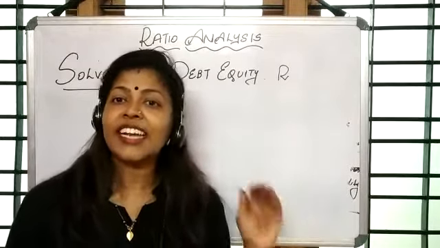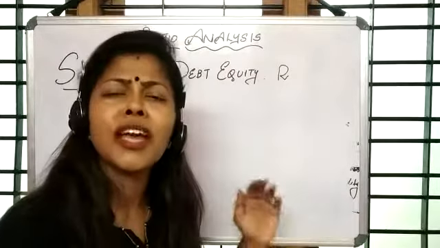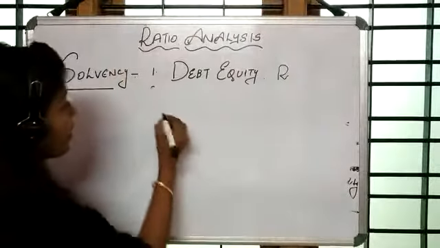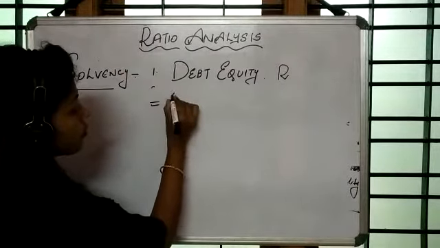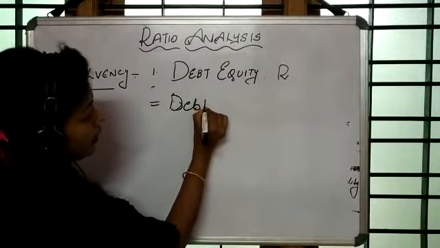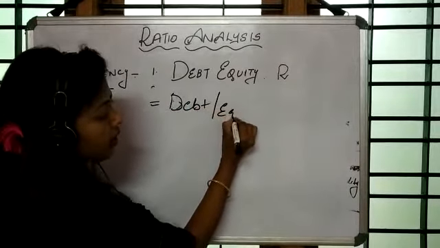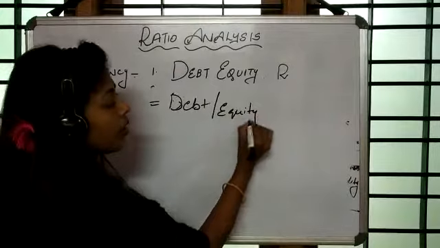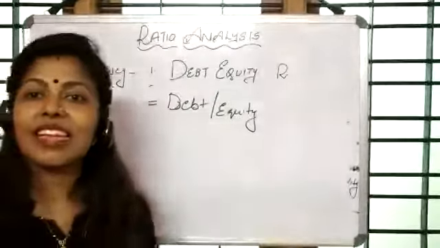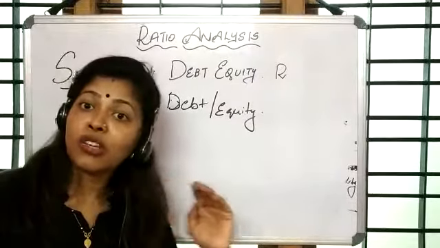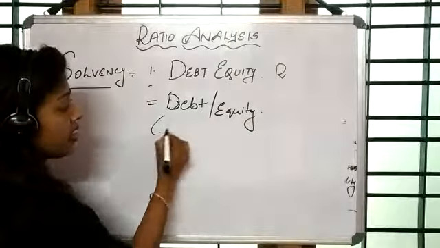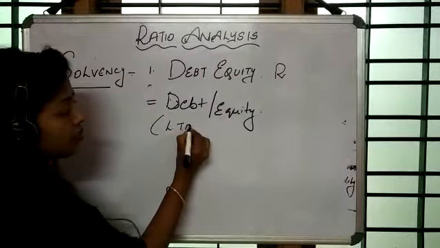That is, debt equity ratio is equal to debt divided by equity. So what is this debt? This debt is long-term debt.